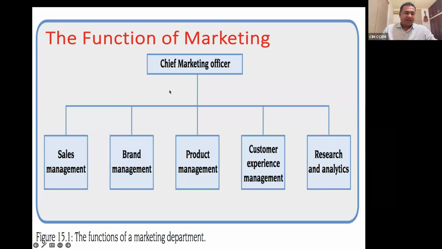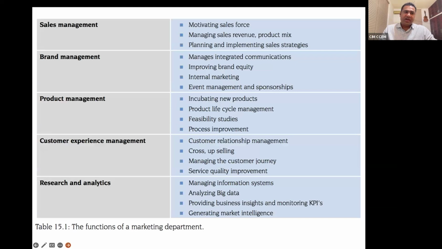So this is a typical marketing structure of an organization. And what do they do in sales? What do we do in brand management, product management, or innovation? I've given you some interesting points from my book as to what each function would cover.